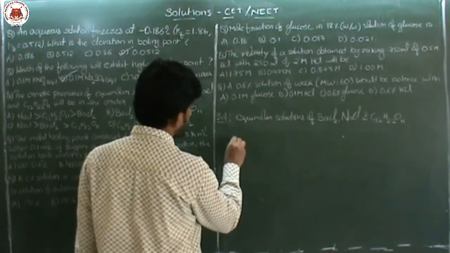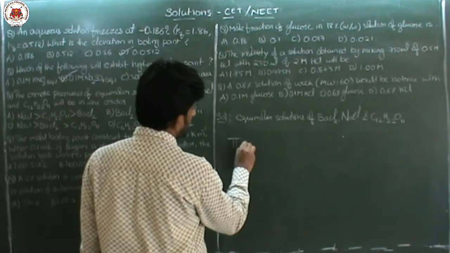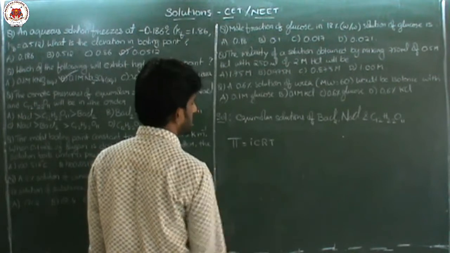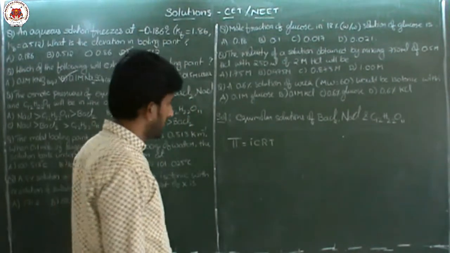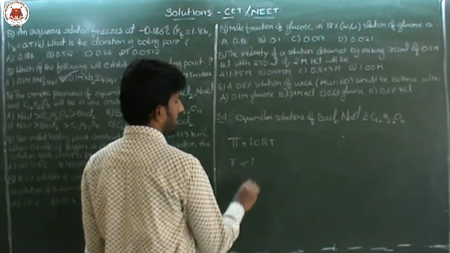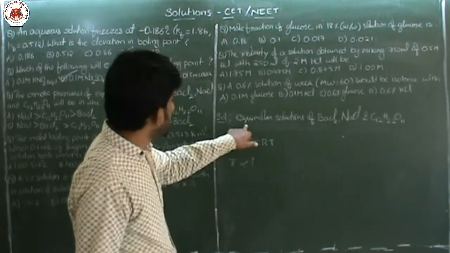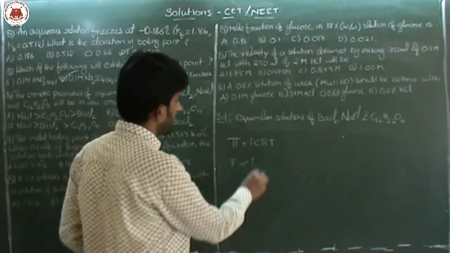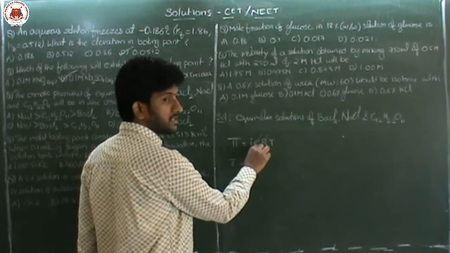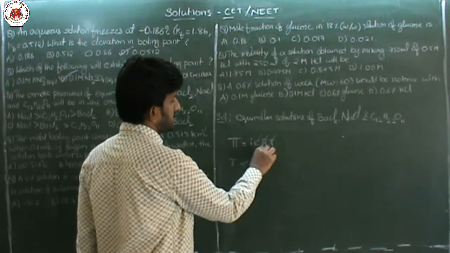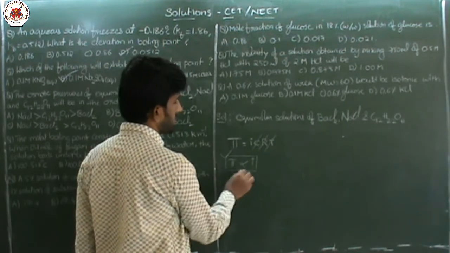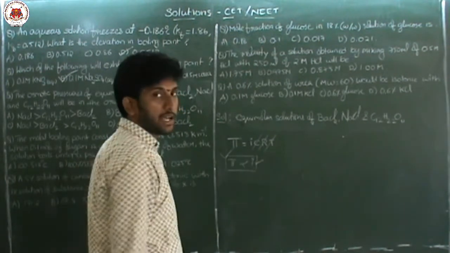What is the formula for osmotic pressure? Pi is equal to iCRT. That means osmotic pressure is directly proportional to i value. Since they are saying equimolar, concentration remains same, universal gas constant remains same, at same temperature. So purely osmotic pressure will be highest for the highest i value.